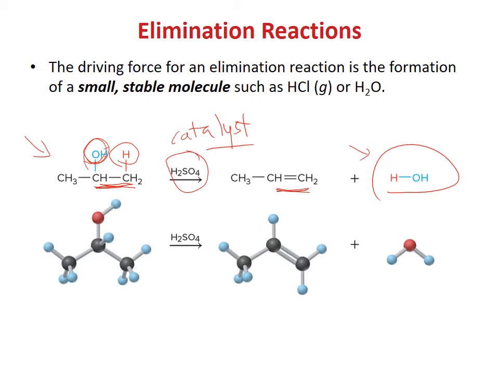The driving force for elimination reaction is the formation of small molecules. In the last example it is HCl eliminated, and in this reaction it's water. So this small stable molecule can be eliminated. At the same time, a double bond is formed.